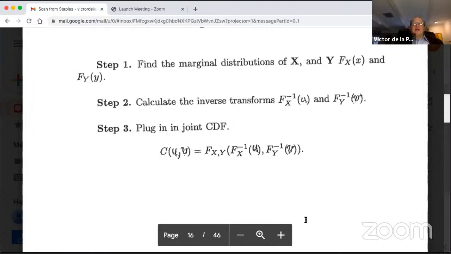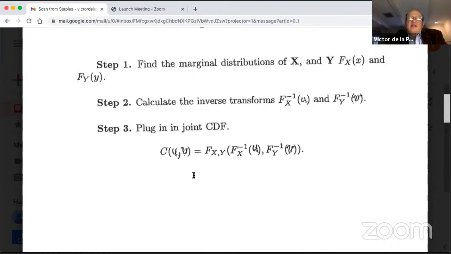So if you give me a joint distribution, no matter what joint distribution you pick, under regularity conditions, I can give you the copula. All I need to do is take the inverse CDF of x at U, the inverse CDF of y at V, and then evaluate the joint distribution of x and y at those points.